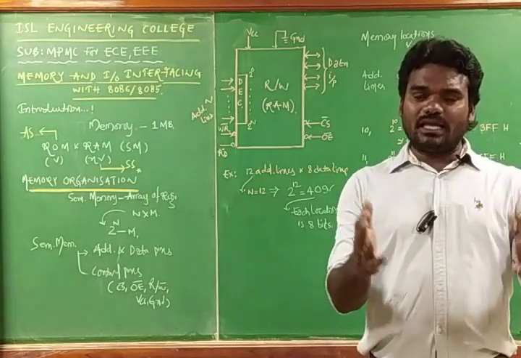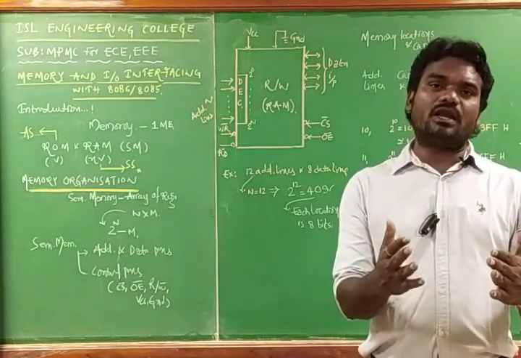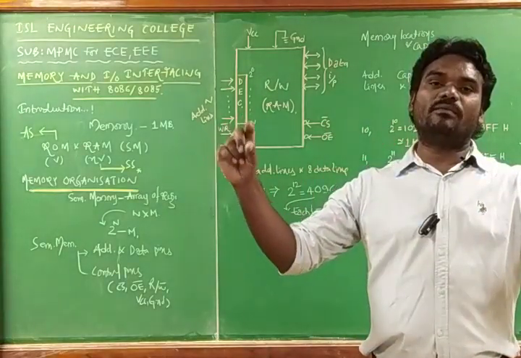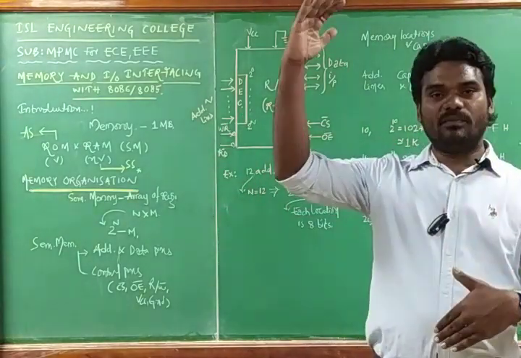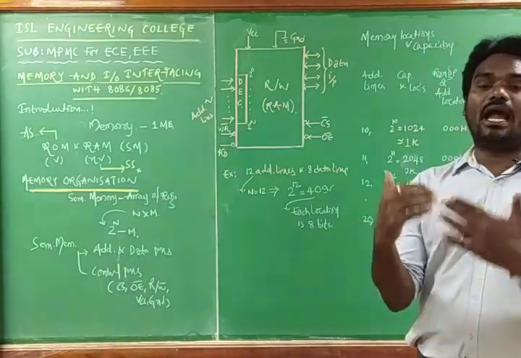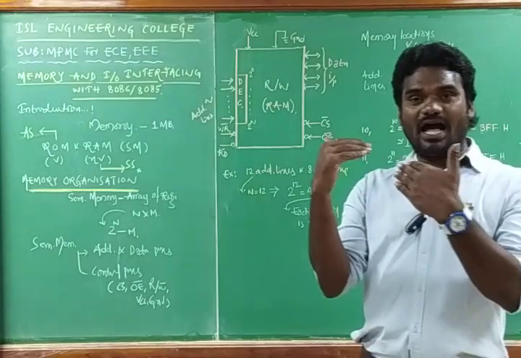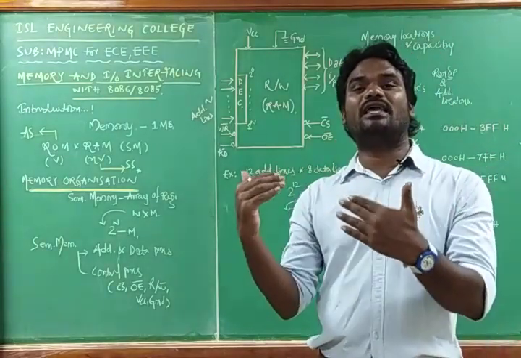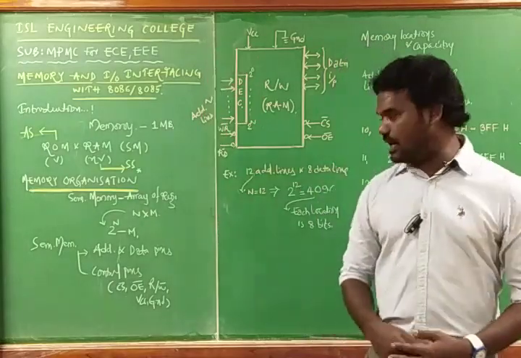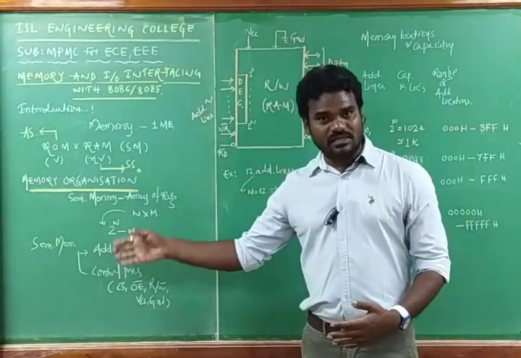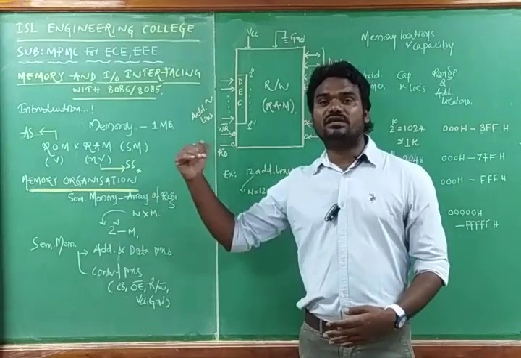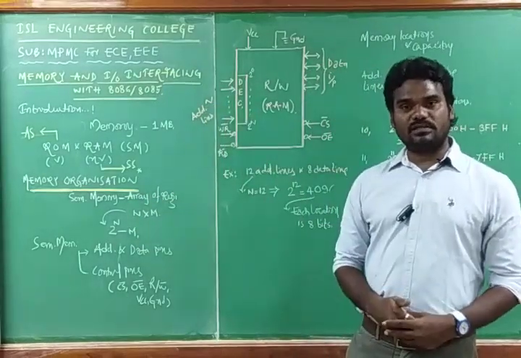Address pins are going to identify one particular, required memory location in the total memory space. That means address lines will assign a unique address for each memory location in the total memory space.